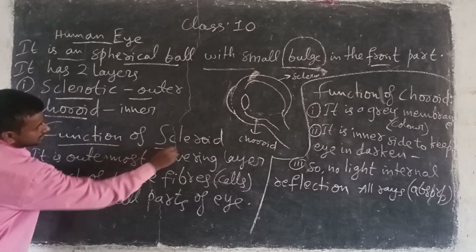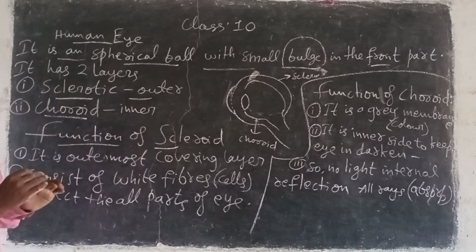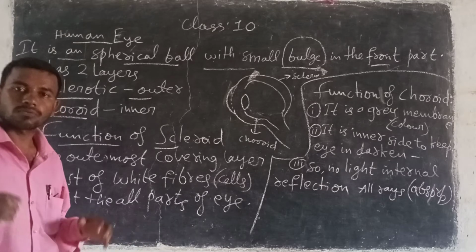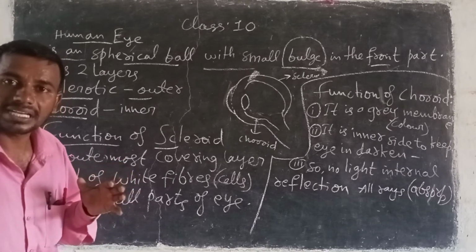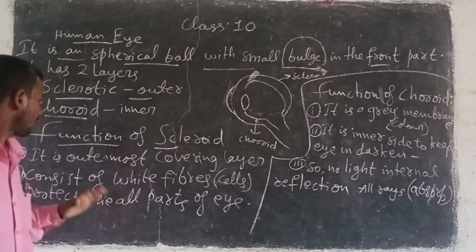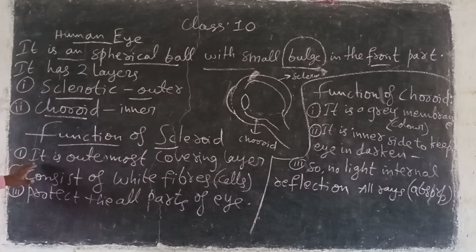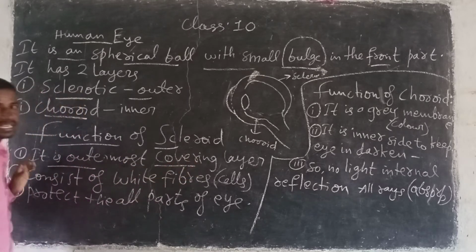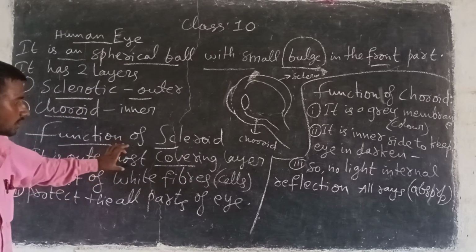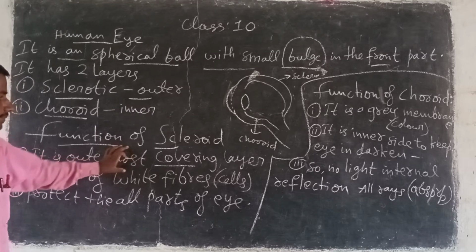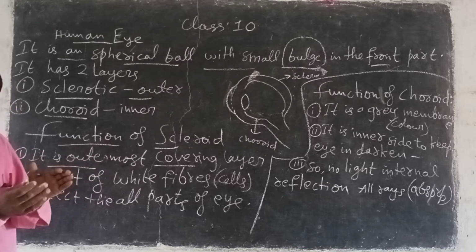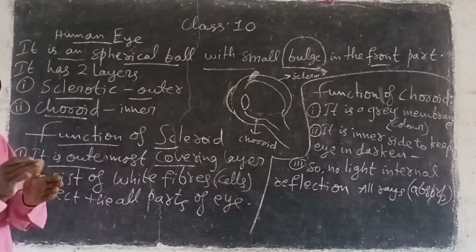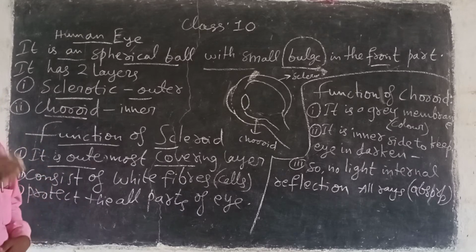Function of the sclerotic or scleroid. What is the function of this outer layer? Look here. It is the outermost converging layer. It will converge, meaning adjust the light and send it inside. I will tell you separately.